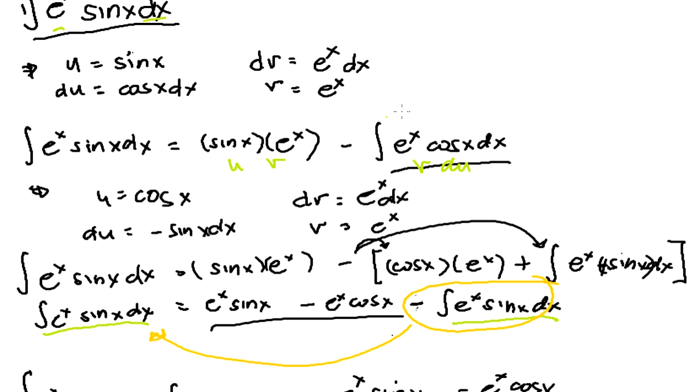And as you can see here, it is suggested that v du must not be more complex than our original integrand. But as you can see here, they are somewhat similar, except that this is in terms of cosine and this is in terms of sine.